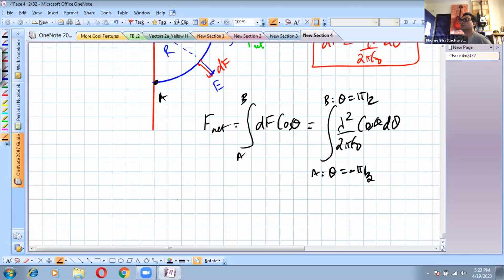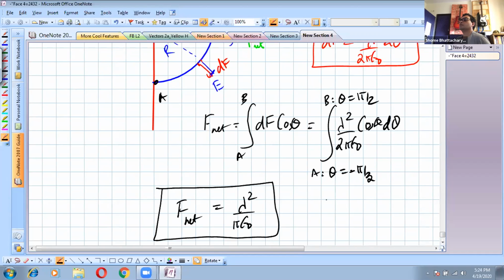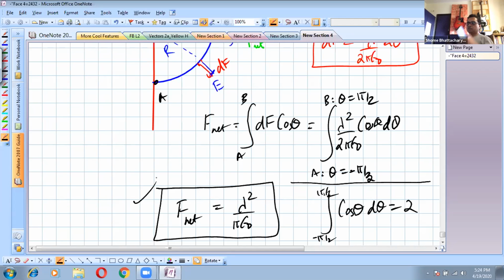So your net force actually becomes lambda square by pi epsilon naught, because the integral of cos theta gives us 2. So this should become your final answer.